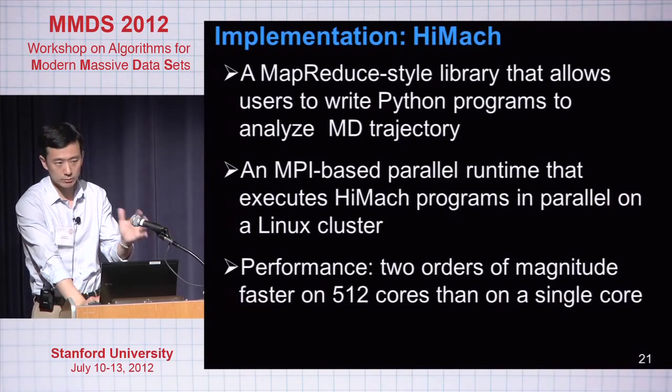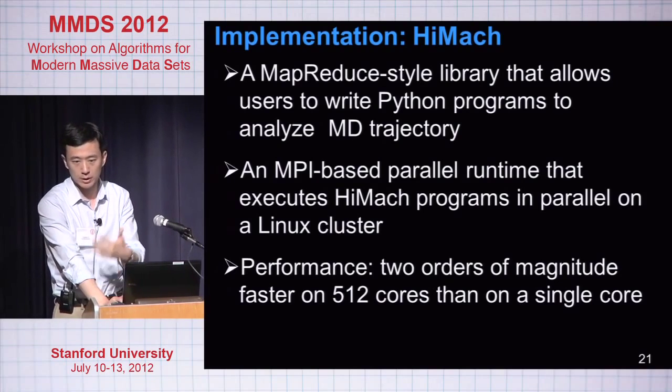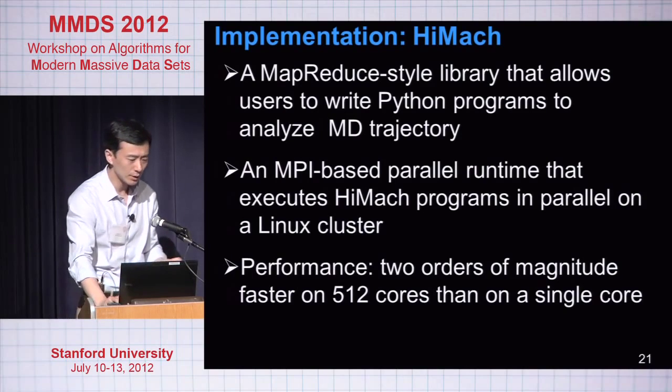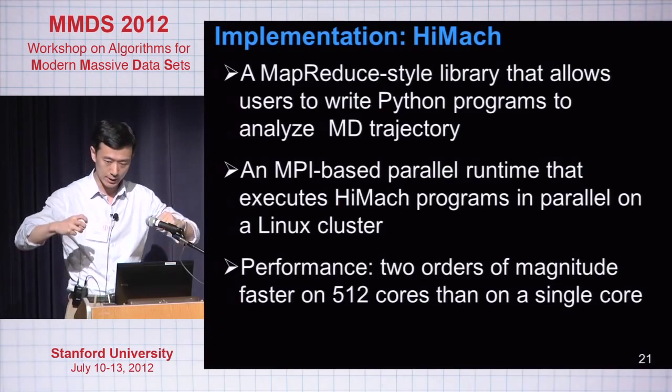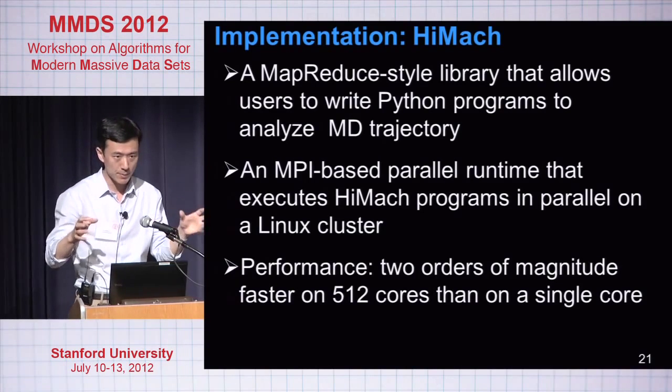But after a lot of discussion, we came to the conclusion that MapReduce did have its merit in terms of the clear split between the I/O logic and the algorithm logic. And we built this library as an MPI-based library. Basically, it's similar to what Michael talked about this morning. It's implemented on top of MPI.